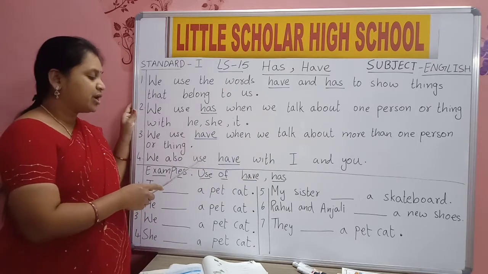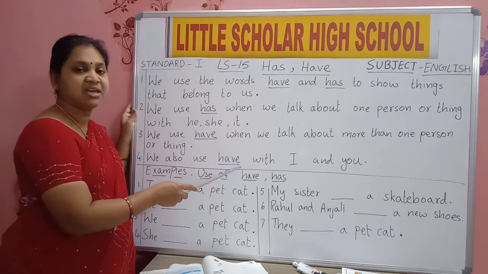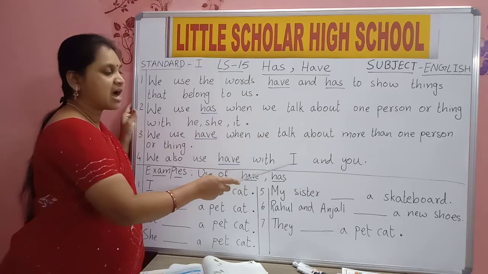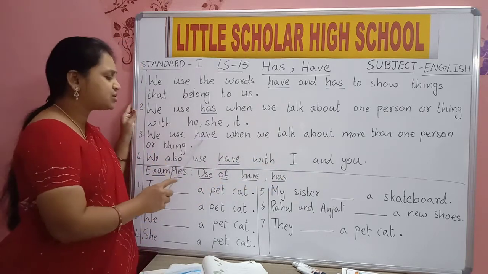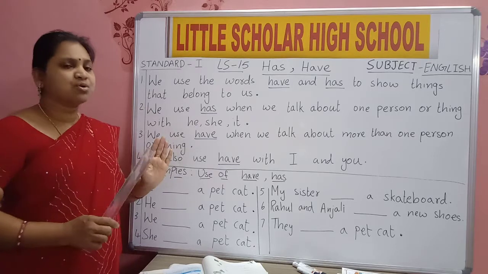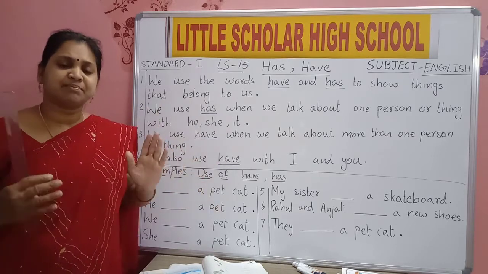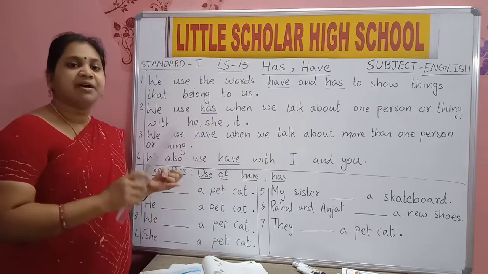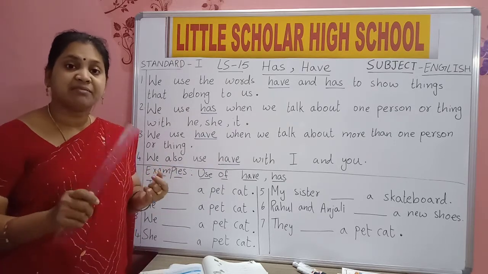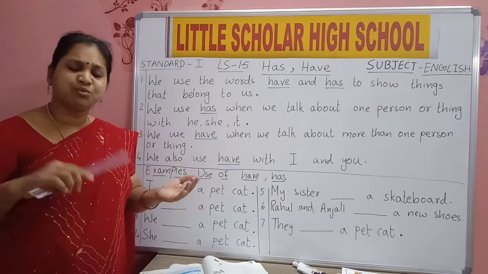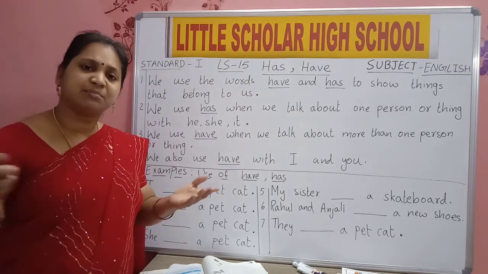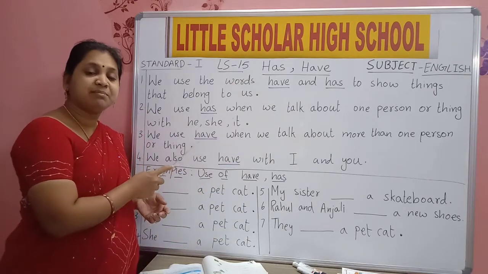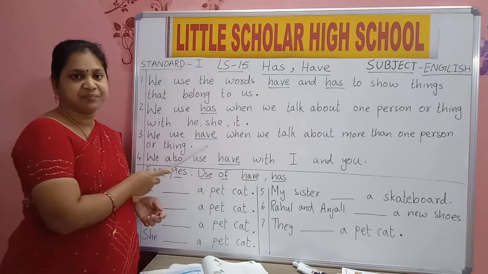To say something belongs to many people, we use have. We have a pet cat. We means you and somebody, or you and many. So we have a pet cat. We have, because we means many. So we are using have.